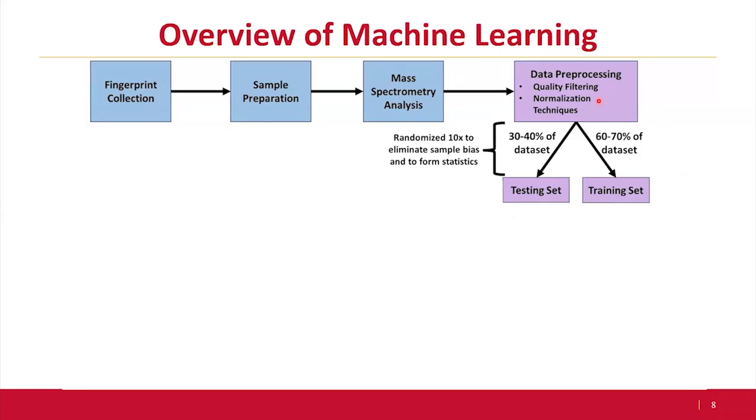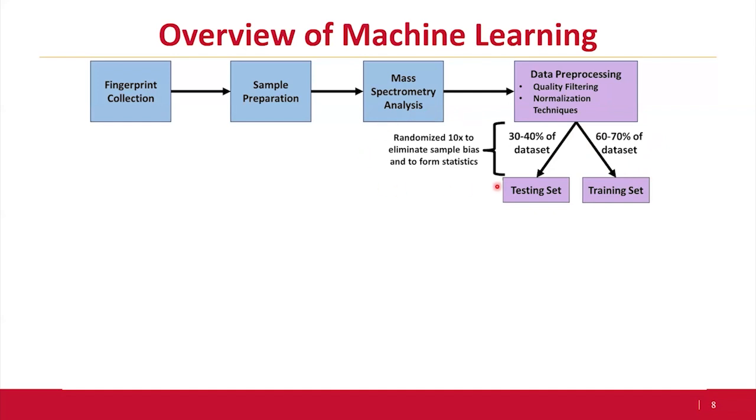And we also have our normalization techniques if we are applying them. The data is then split into our training and testing set, with the majority staying in our training. And this is because we really want the model to be trained very well and have a robust algorithm.